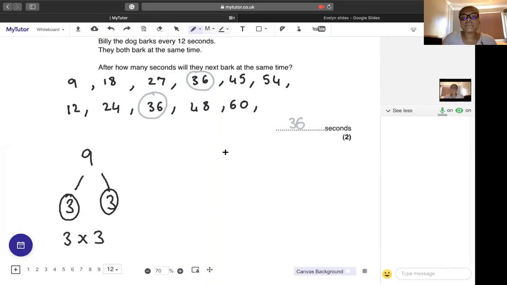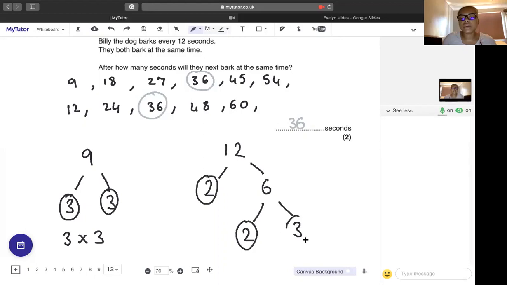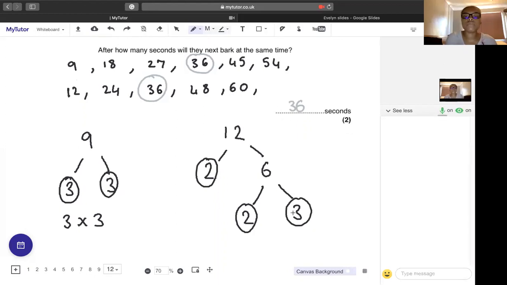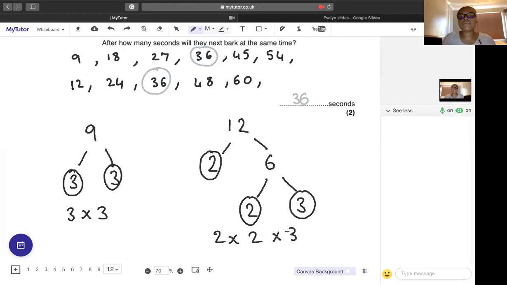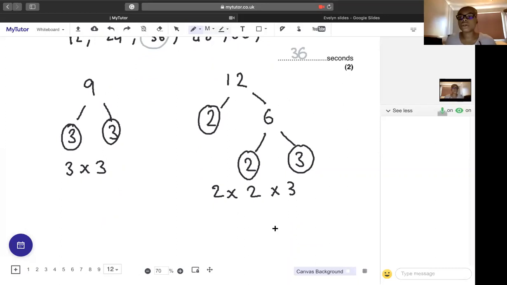And if we do the same thing for 12, 12 is an even number, so we could do 2 times 6 to get to 12, circle our 2. 6, we can write as 2 times 3, and 2 and 3 are both prime numbers, so 12 we can write as 2 times 2 times 3. Now, for this question, we want to work out the lowest common multiple.